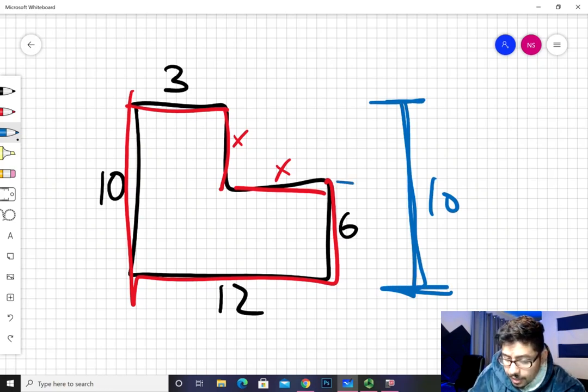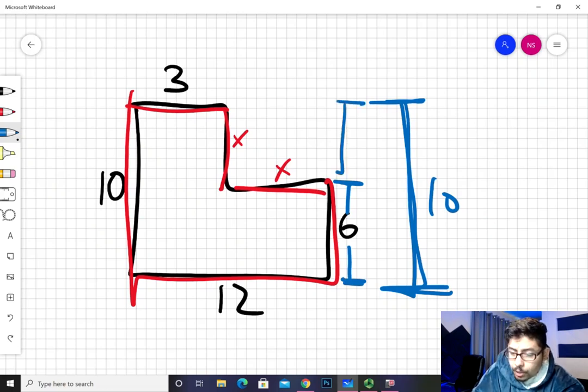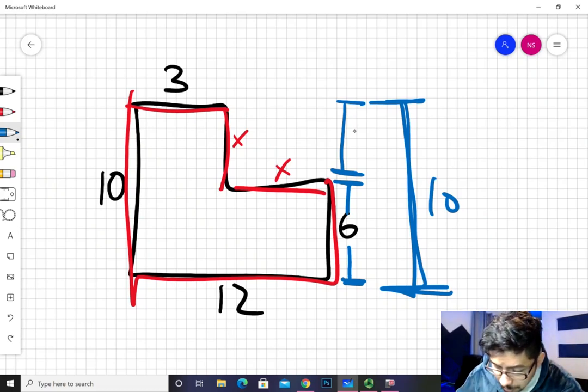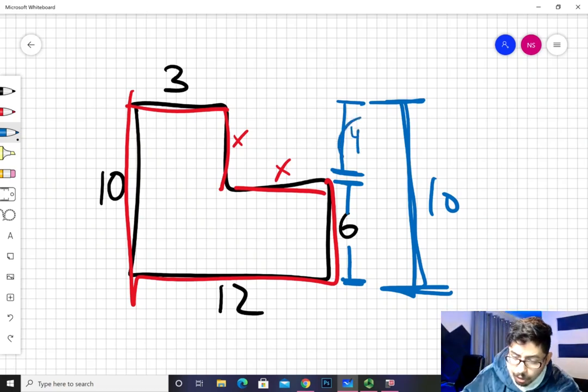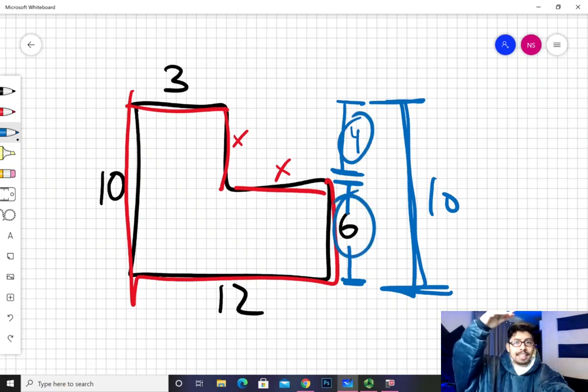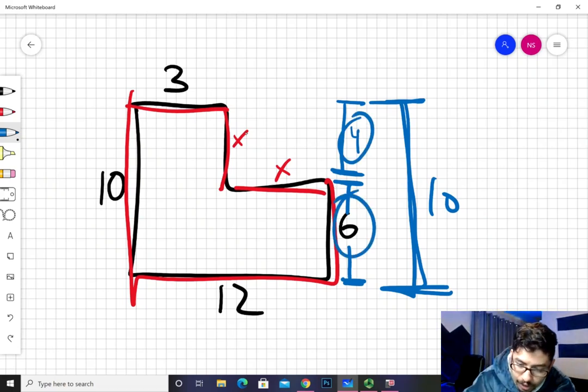And if I take this measurement too, if I know from there to there is 6, what's the remainder here? So I have to do a little operation. All I have to do is 10 minus 6, and that'll give me my remainder here of 4, right? Because 4 plus 6 will give me that full length of 10. That is how I know this measurement here is 4. That's using geometry, your geometric eye.